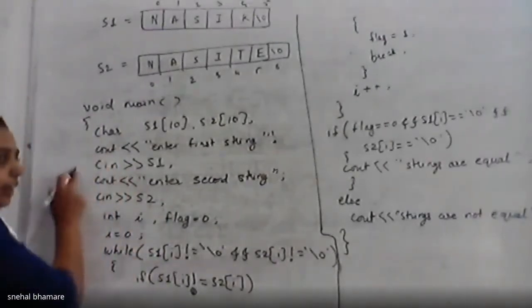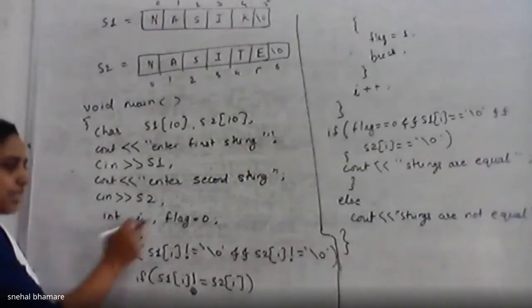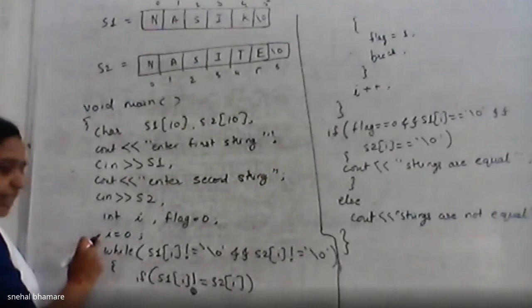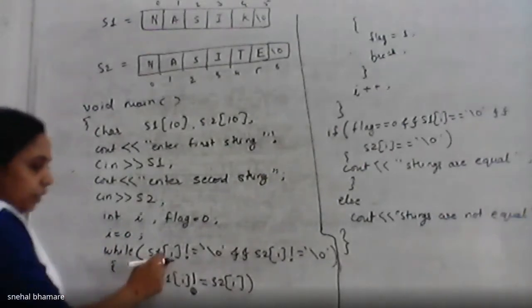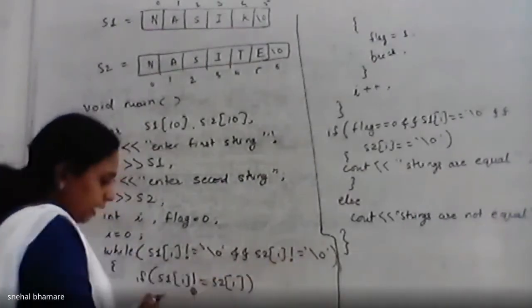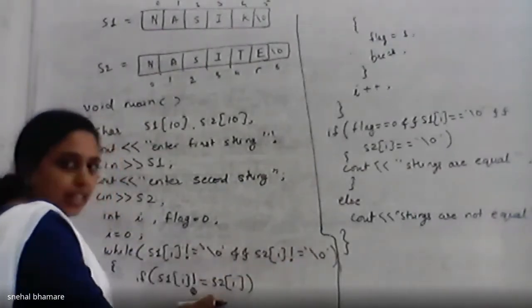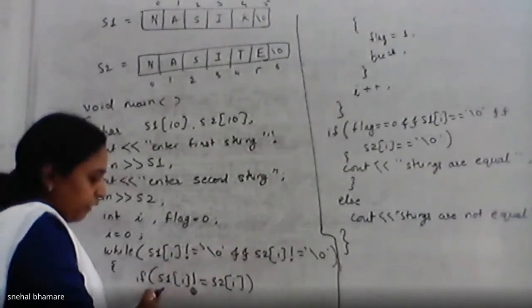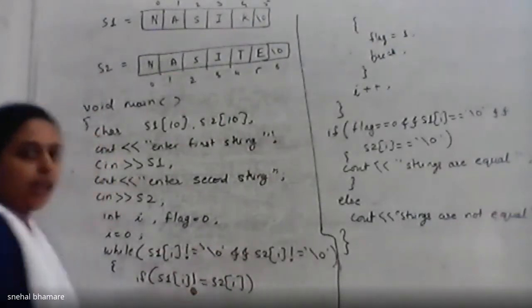Here we will read the two strings. We will take two variables i and flag. Now check this condition. i equals 0. While the first string does not terminate and the second string does not terminate, you have to match the characters of both the strings, right? If S1 of i not equal to S2 of i.